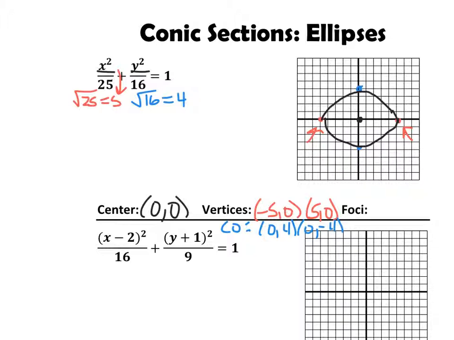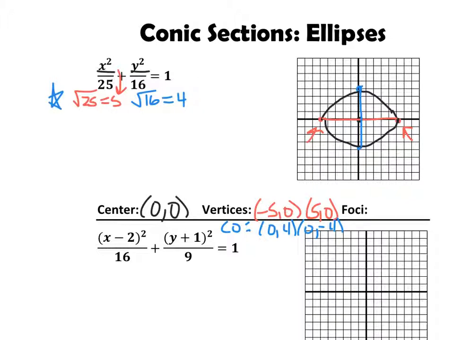That didn't ask for them, but that's what they're called. In this one, my major axis would be 10 units. My minor axis would be 8 units if we just count. I really don't like memorizing formulas in this unit because we can get there by just knowing a few things about square rooting the denominators and one more formula, versus having to keep understanding a whole bunch of different ones.